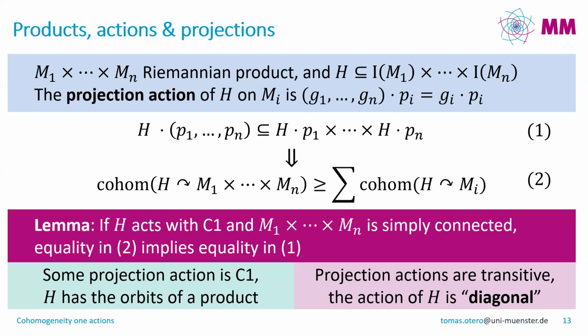Nevertheless, if we have this inclusion here, the orbit of H through a point (p1, ..., pn) is always contained in the orbit of the projection action through p1, times the orbit of the projection action through pn, etc. And in particular, this means that you have an inequality of dimensions. The homogeneity of the action on the whole ambient space is always greater than or equal to the sum of the homogeneities of each individual projection action.